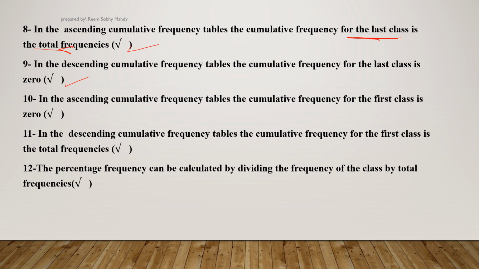In the ascending cumulative frequency tables, the cumulative frequency for the first class is 0. This is true also, because we start with 0 and end with total frequencies. In the descending cumulative frequency tables, the cumulative frequency for the first class is total frequencies. This is true, as in the descending cumulative frequency table, we start with total frequencies and end with 0. And this is the opposite of the ascending cumulative frequency table.